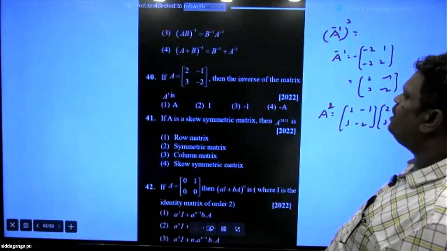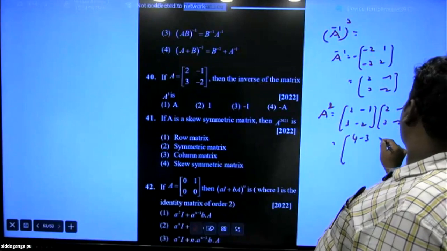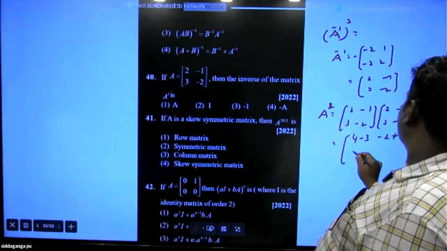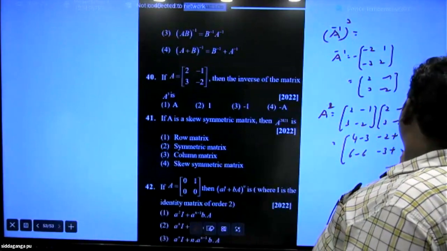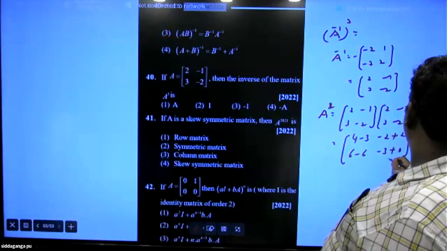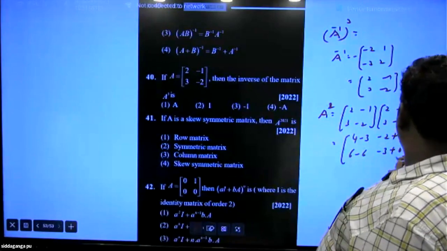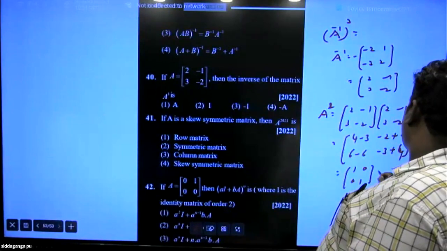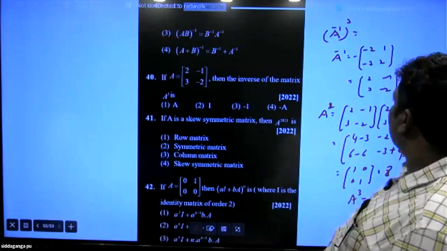The result is 4 minus 3, minus 2 plus 2 which is 0, then 6 minus 6 which is 0, and minus 3 plus 4. Now we get the identity matrix, 1, 0, 0, 1, equal to I. So A cube is nothing but the value A.